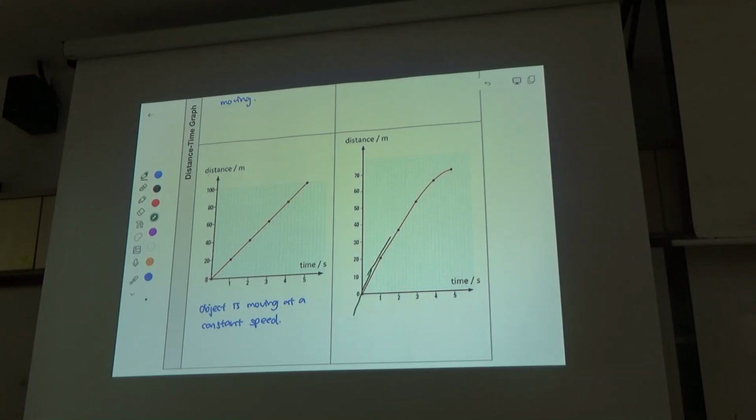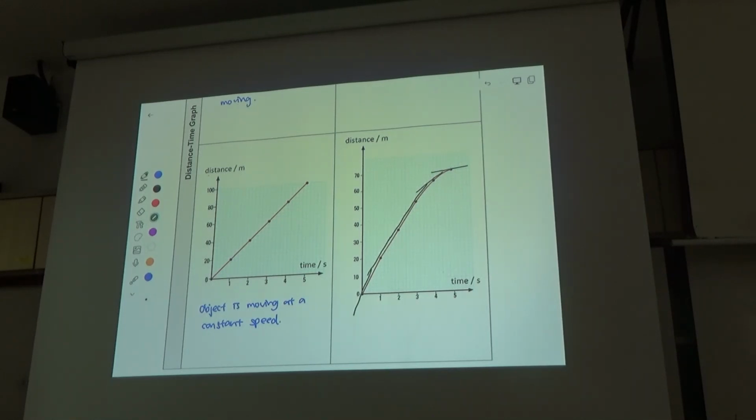Over time, what do we observe about the tangents? It is getting gentler and gentler. So the tangents are getting gentler and gentler in gradient, and therefore, if it's a gentle gradient, your gradient value is smaller. So with a smaller gradient value, what does that mean about speed?